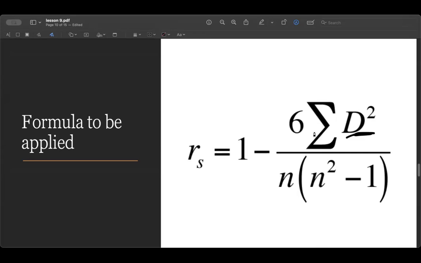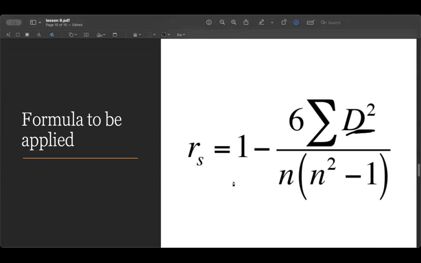Sigma represents the addition. So the sum of the D squared values is multiplied by 6 and divided by n times n squared minus 1. Here n represents the number of elements, the number of ordered levels or categories maybe. This is what we denote as RS.